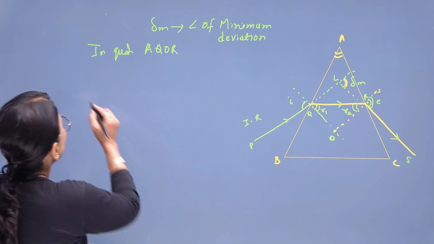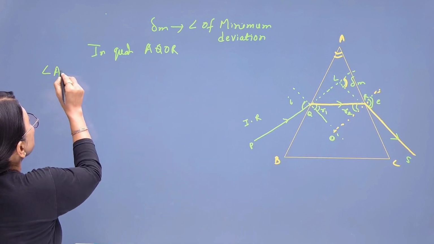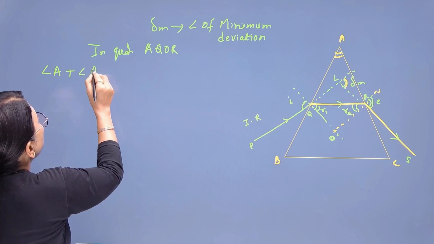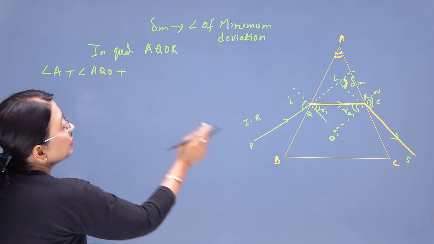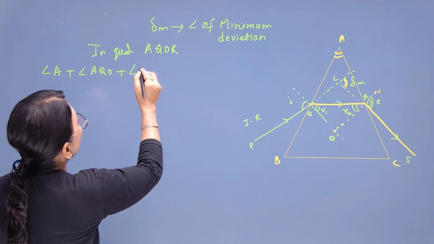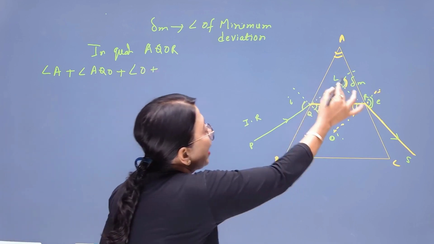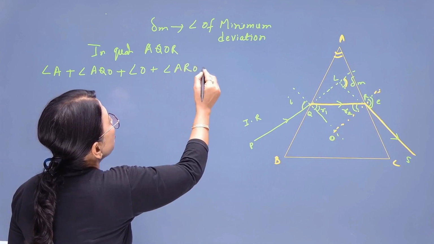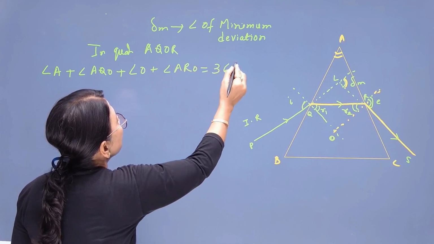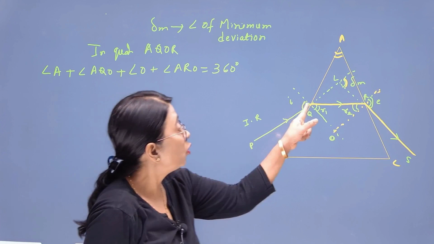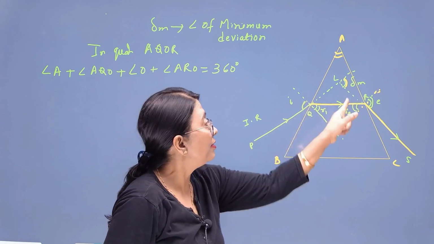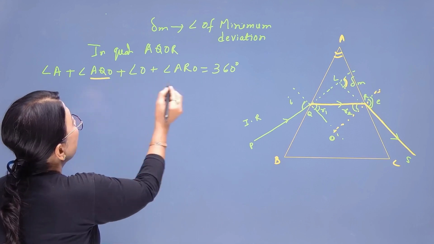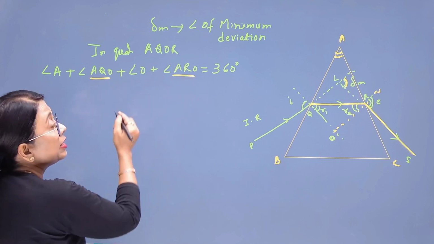So we write here angle A, name it properly, angle AQO plus angle O plus angle ARO should be equal to how much? 360 degree. लेकिन हमें पता है कि इन दोनों का सम कितने का है? This and this is of 90 degree. Normal है यहाँ पे. इनका सम 90 degree है.